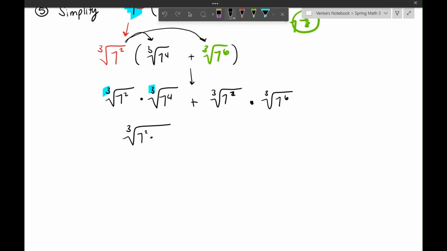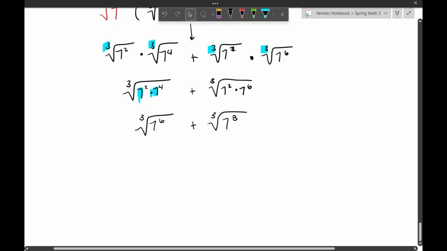So this becomes the cube root of 7 squared times 7 to the 4, plus, again with the same index, the cube root of 7 squared times 7 to the 6. They have the same base, and it's a multiplication, so I'm going to add the exponents. It becomes the cube root of 7 to the 6, and this becomes the cube root of 7 to the 8.